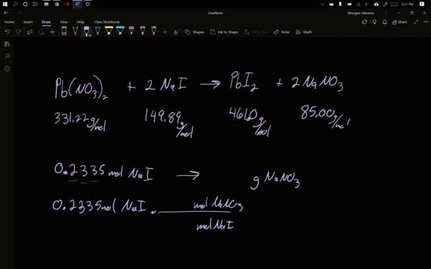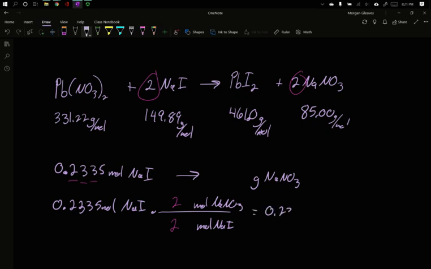Basically, I have so many sodium iodides, how many sodium nitrates do I need? Well, my balanced reaction says that it is 2 and 2. So I will multiply by 2 and divide by 2. Basically, it's the same number. I need the same number of my product.